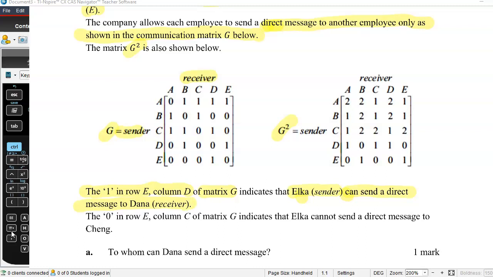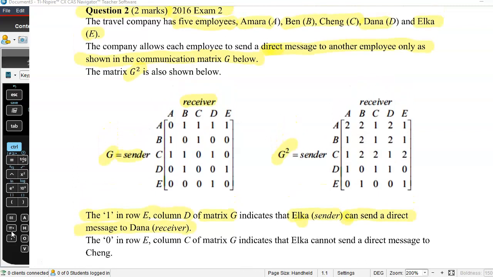Let's just go through that again. So in row E, column D, Elka can send a message to Dana. Dana can send a message to Ben and to Elka.